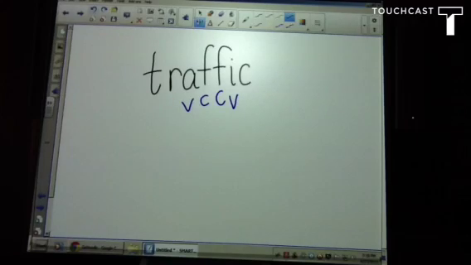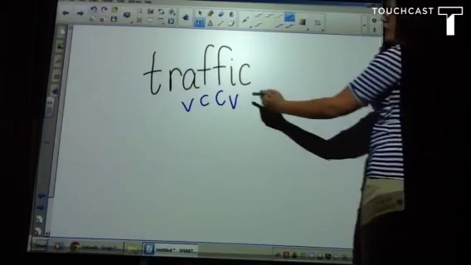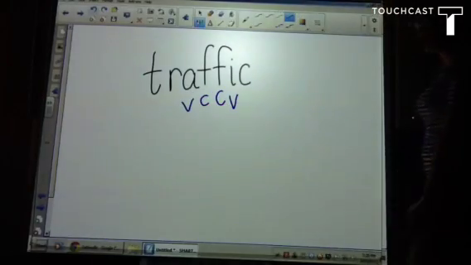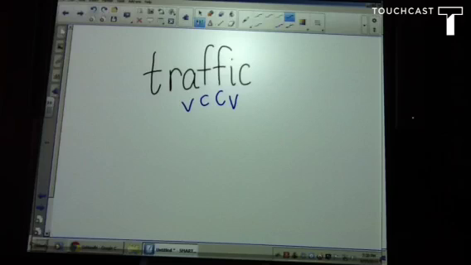Remember, when we're looking at our vowel consonant patterns, we never label the consonants that are on the outside of the vowel pattern, just the ones that are in between. Now we have a vowel, consonant, consonant, vowel pattern. Or we can call this a VCCV pattern for short.